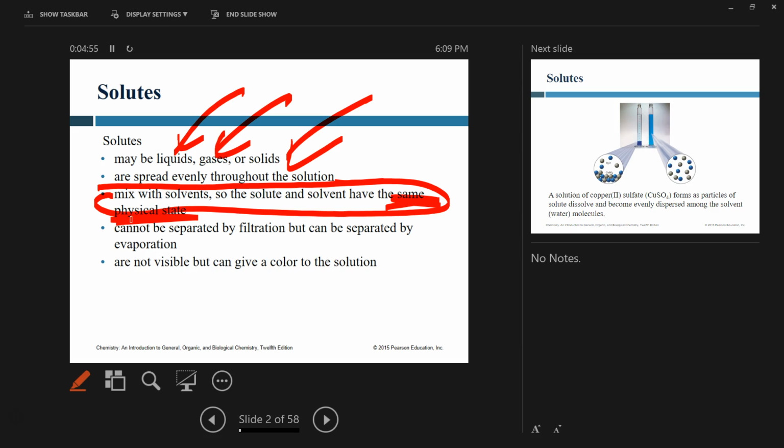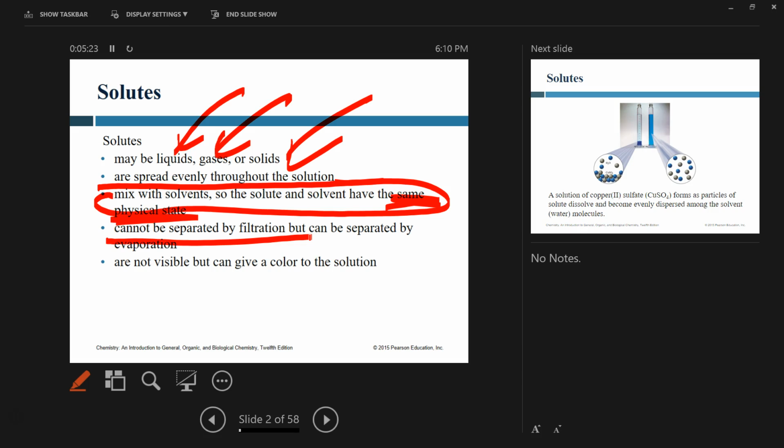You mix them, you let your solute completely dissolve in water, and now you have an entirely liquid solution. No solid particles. Does that make sense? For instance, if you take sand and mix it in, it's not going to dissolve, it's still going to contain the solid particles. Therefore, solutions cannot be separated by simple filtration.